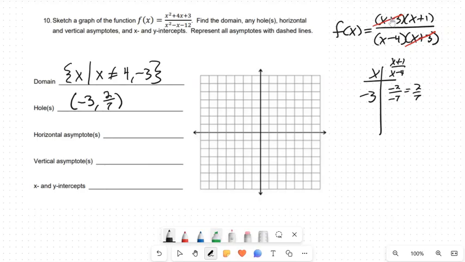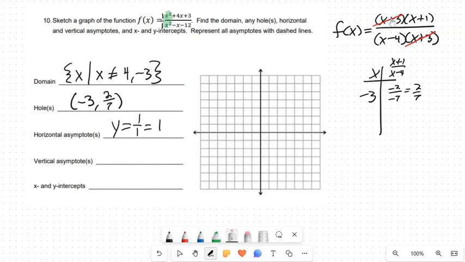Horizontal asymptotes: this is about comparing the leading terms in the numerator and denominator. If the degrees are the same in the leading terms, 2 and 2, then we look at the coefficients in front of them, 1 over 1, and we get y equals 1.